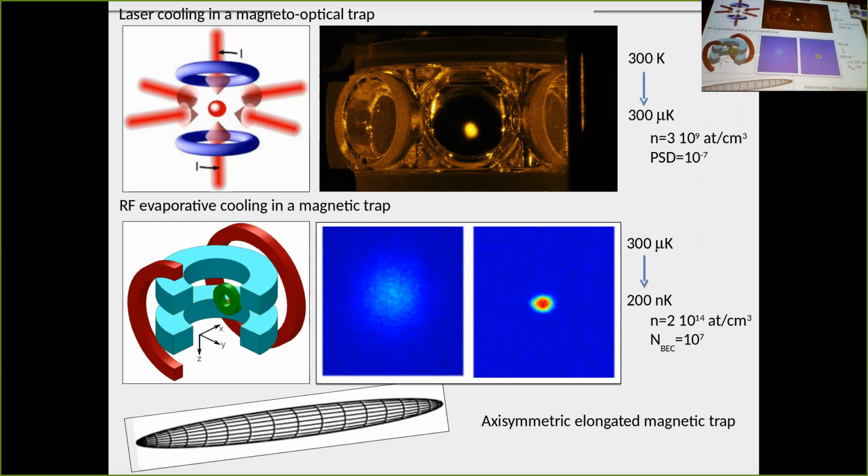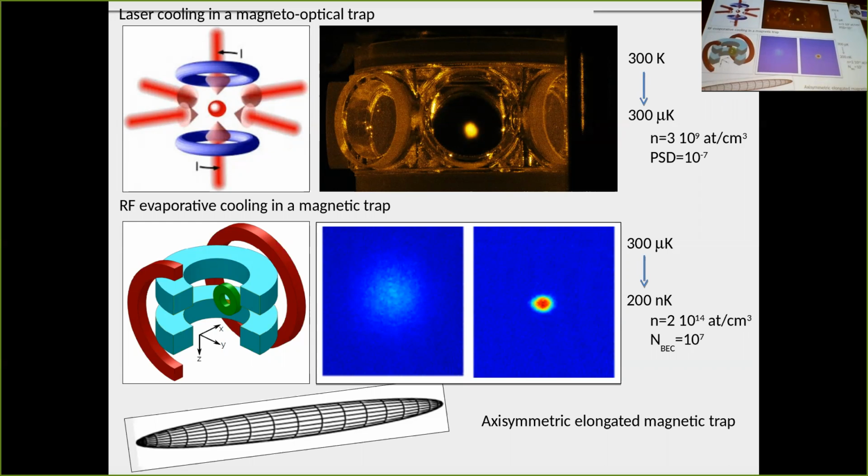This is why we then transfer the atoms into a conservative magnetic trap, where we further cool the sample by forced evaporation. And in the end, we get a condensate with a few million atoms with almost zero thermal fraction.